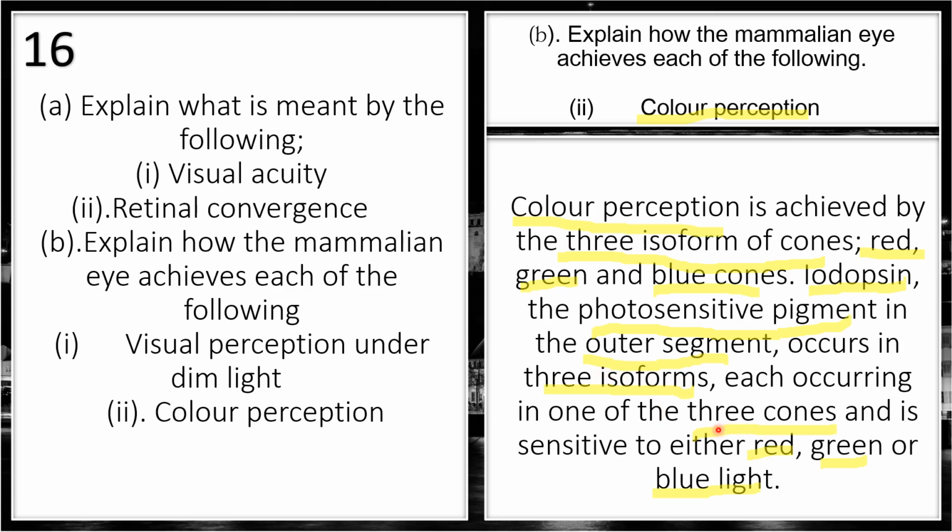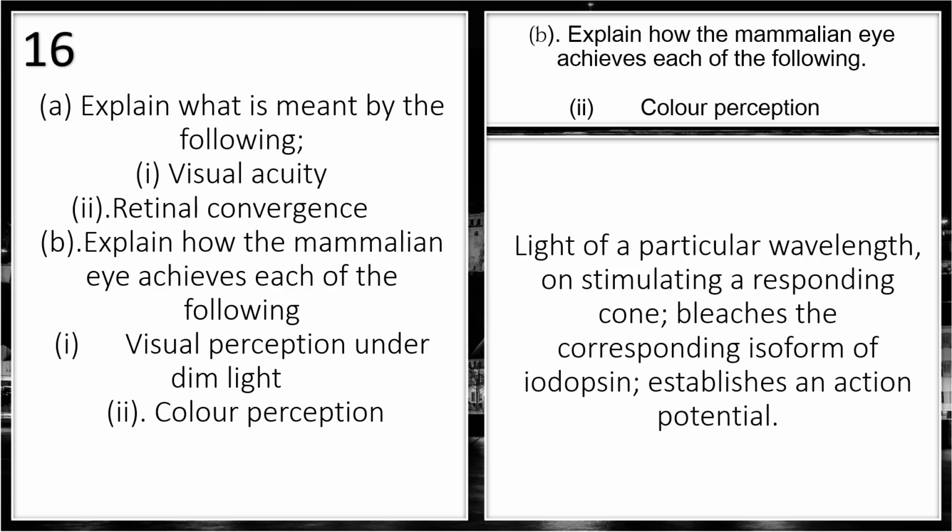One in the blue cones, the green cones, and the red cones. Light of a particular wavelength, on stimulating the responding cone, bleaches the corresponding isoform of iodopsin and establishes an action potential.